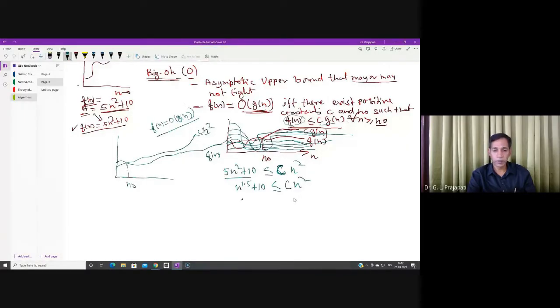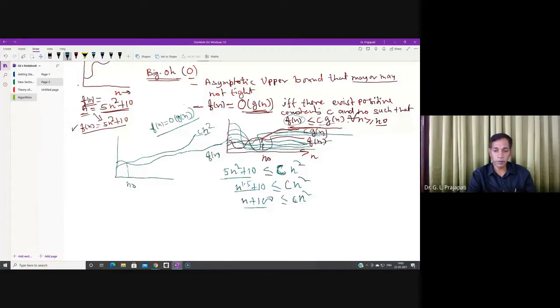And even if the degree of this polynomial is 1, this will also be less than or equal to c into n square.